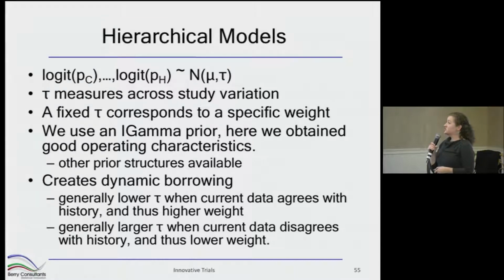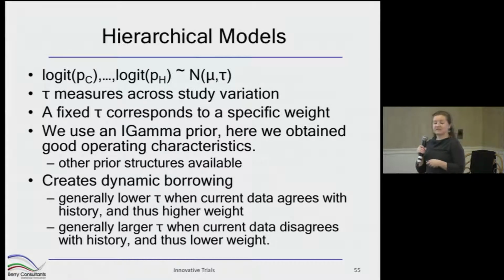If we just assumed that we knew tau in advance, and we don't estimate it from the data, that basically corresponds to giving a specific static weight. But in Bayesian methods, what we're going to do is actually estimate tau as we start to collect our data. As we start to estimate tau and we see that there's a high study-to-study variability, we start to downweight that historical data.